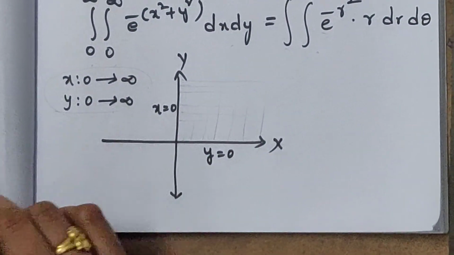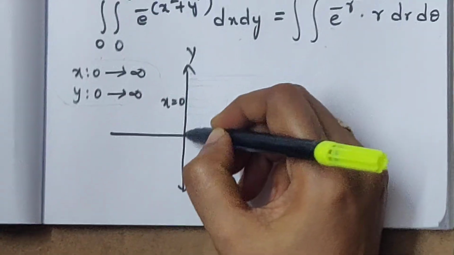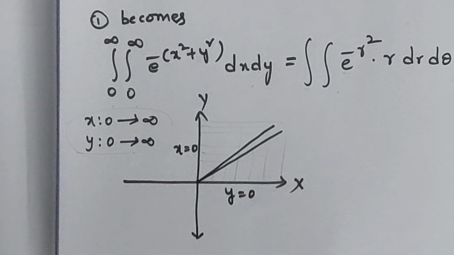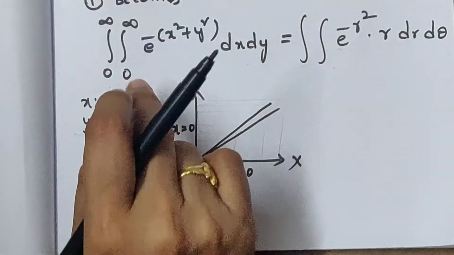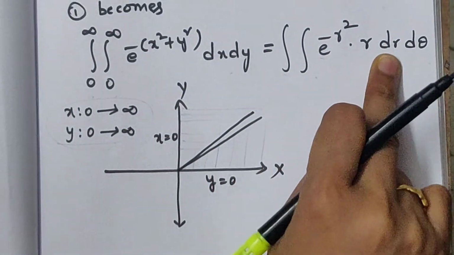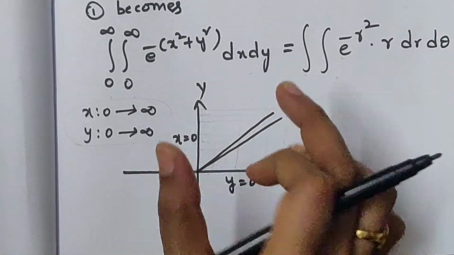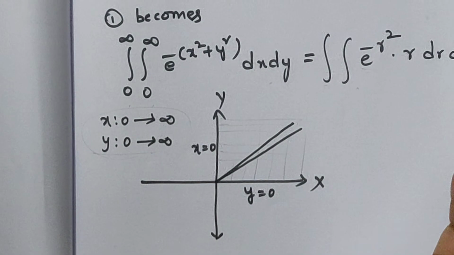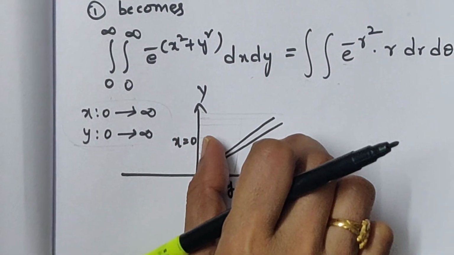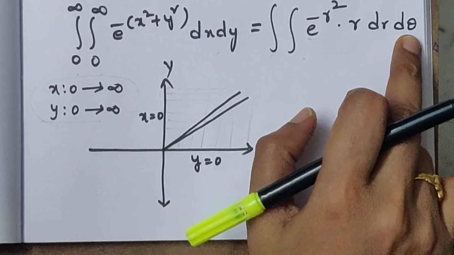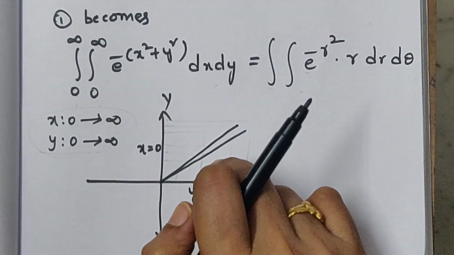In the same region of integration, consider one radii vector. If you change Cartesian to polar variables, the region of integration doesn't vary. The same first quadrant is the region of integration. So in this region of integration, to identify r and theta limits, take one radii vector.